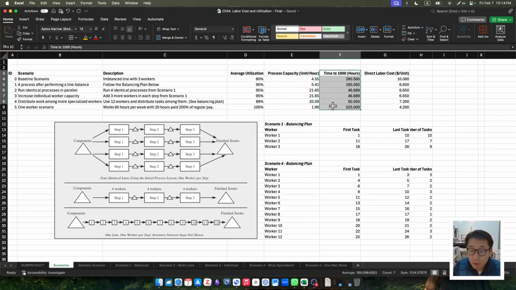Some of you may feel it's odd that I included this metric. A lot of times in production settings, you manufacture in batches. For example, each batch contains 1,000 units, and then you will ship it to your customer. So it is important for you to know how long you want to promise to your clients for the batch quantity of 1,000.